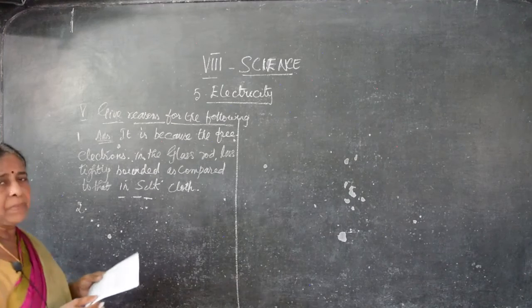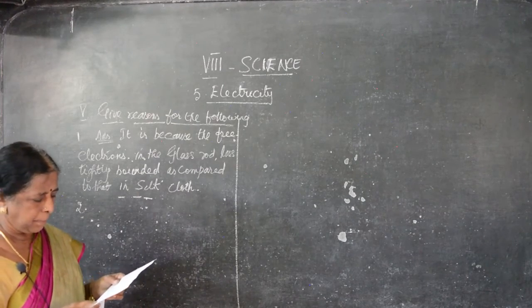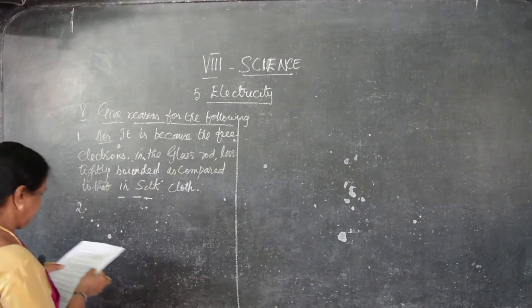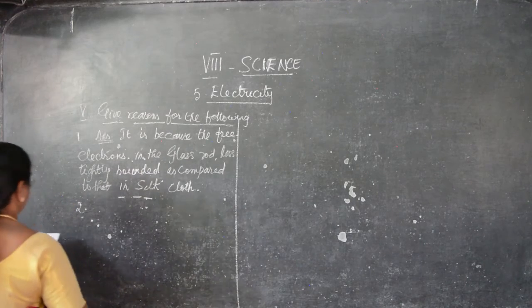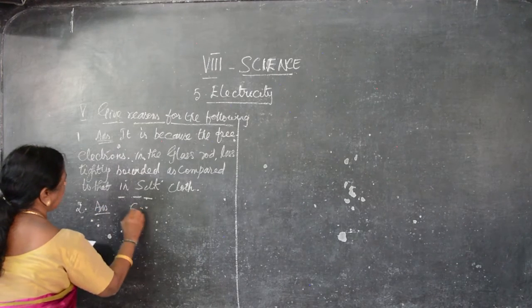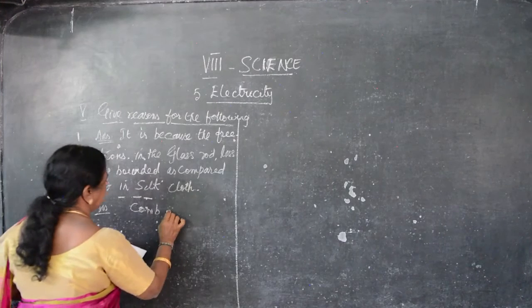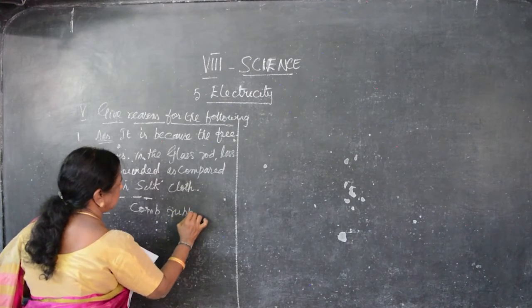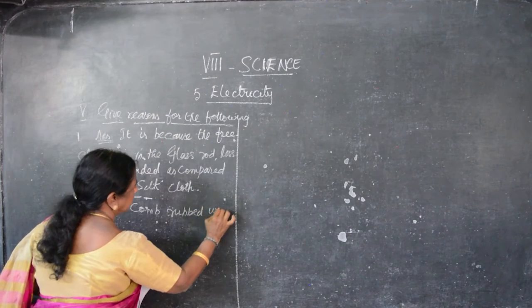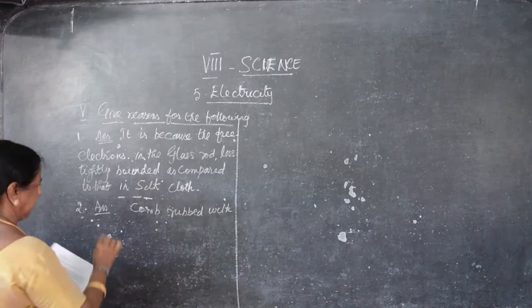When a comb is rubbed with dry hair, it attracts small bits of paper. Answer. Comb rubbed with air, while taking lesson, I said it is friction.